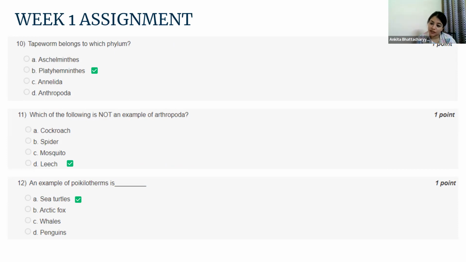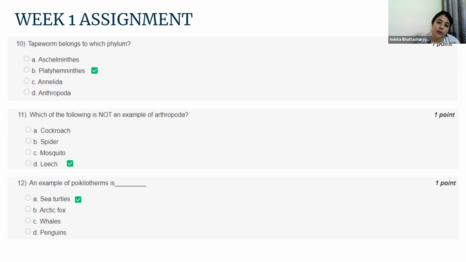Aschelminthes come after that. They are roundworms. Then we have annelids, and then we have arthropods. So tapeworms, which are one of the major parasites for humans, are a part of platyhelminthes. It's a classical example, and you can try and remember a few examples of the same. So that was question number 10.